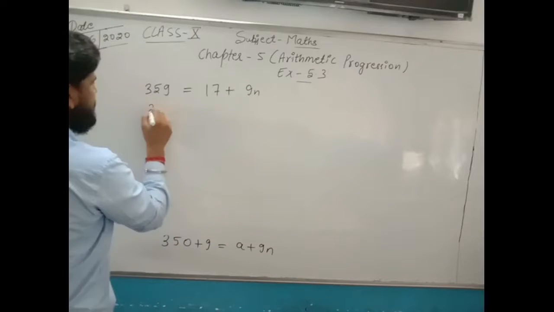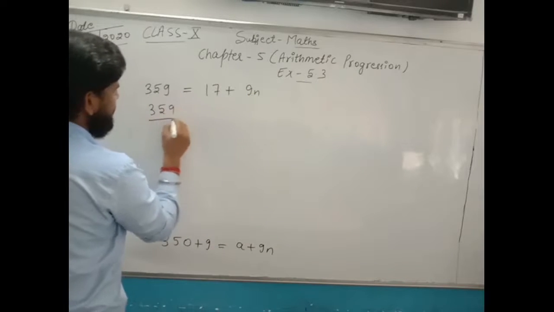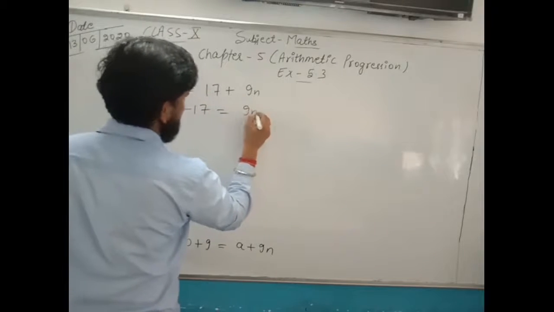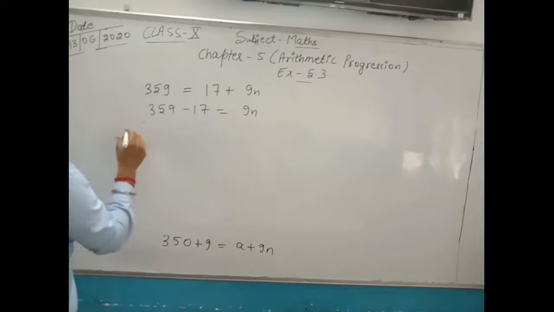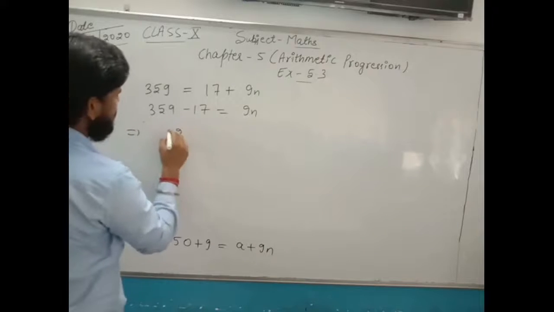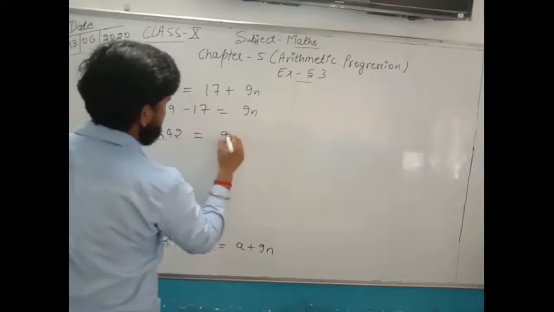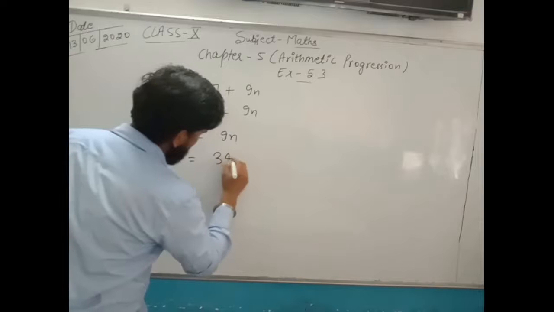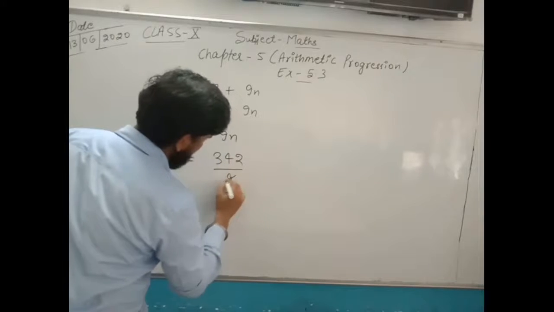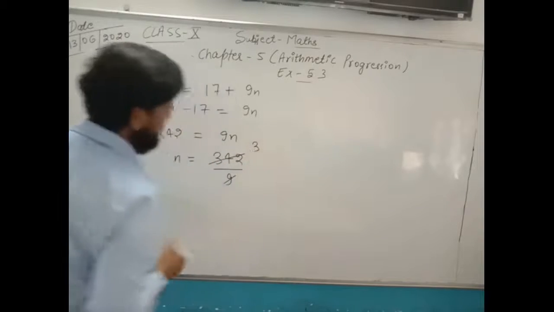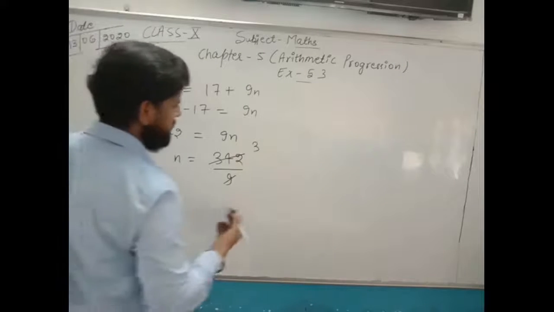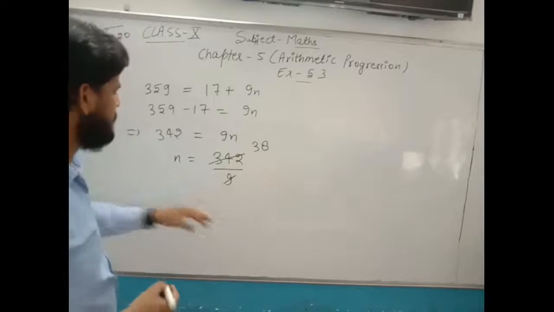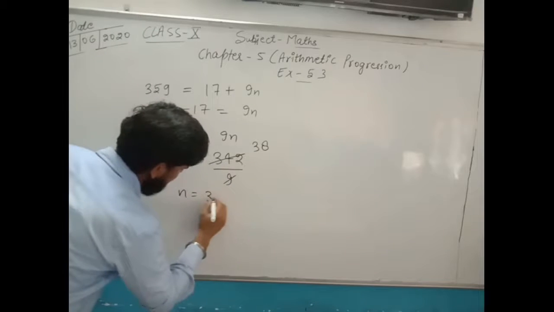Okay, so 359 minus 17 is equal to 9n है. इसको सब्ट्रैक्ट कर लेंगे यहाँ पे, तो ये आ जाएगा 342 is equal to 9n है. ओके, so n is equal to 342 upon 9. 9 3 जा 27. Okay, and 9 8 ja 72. So n is equal to 38.